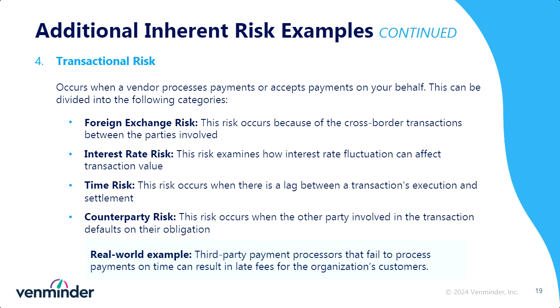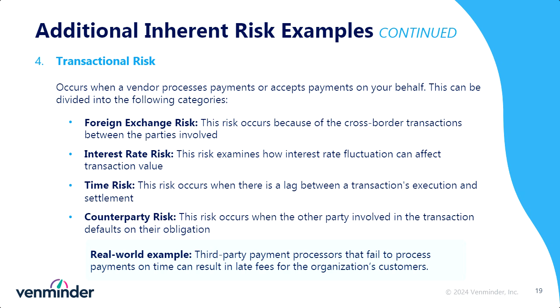And the final risk I want to talk about today is transactional risk, which can fall into these four categories of foreign exchange, interest rate, time, and counterparty. Anytime a vendor is processing payments or accepting payments on your behalf can expose you to transactional risk. One of the most easy to understand examples of transactional risk would be a third-party payment processor that fails to process payments on time.